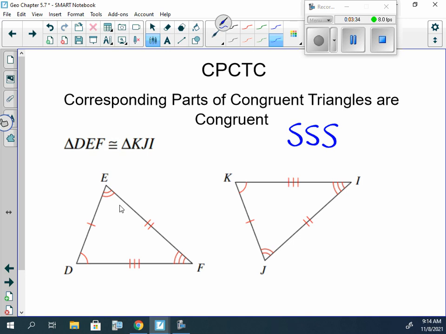Well, because they are congruent by side-side-side, I also know that the corresponding angles in the two triangles should be congruent as well. And we would say that by CPCTC. Corresponding parts of congruent triangles are congruent. Questions on this here?